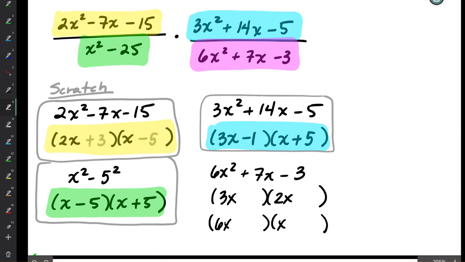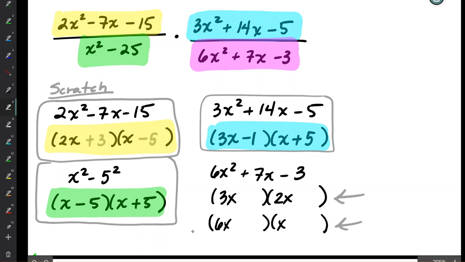Now, trial and error, again, isn't super bad here because 3 is prime. And order matters here because these are different from each other. So at most we've got 4 things to try with this setup and 4 things to try with this setup. So a total of 8 things to try.